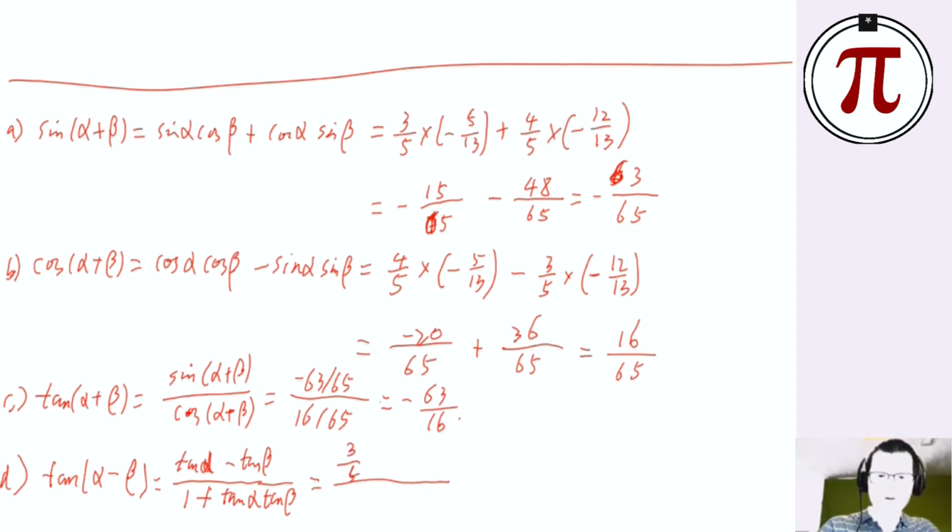So it's 3 over 4 minus 12 over 5, over 1 plus 3 over 4 times 12 over 5. You can use a calculator to find this one. So what did you get?